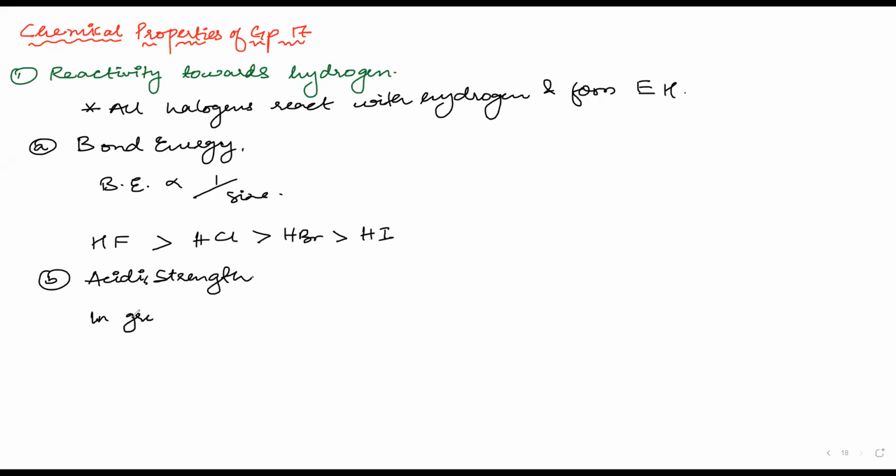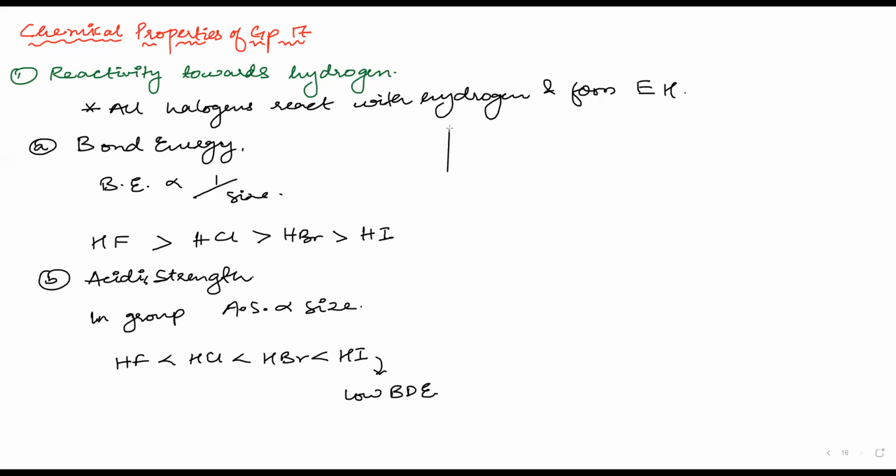The acidic strength is directly proportional to size. So HF, HCl, HBr, HI. Please write these things with me, okay? Because HI has low bond dissociation energy, it will easily dissociate, and that is why it is a stronger acid.